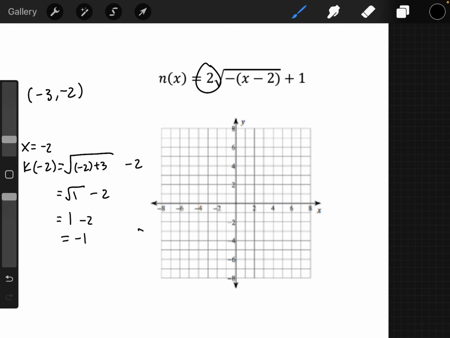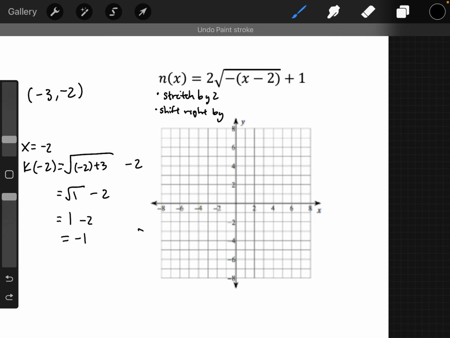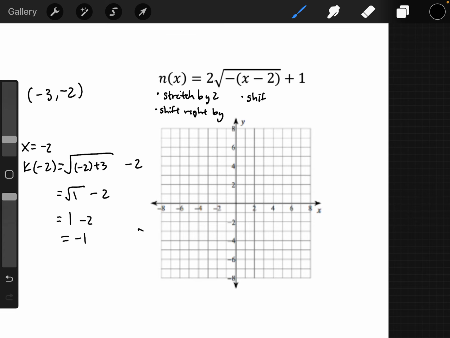So for the transformations of the second example, we see that there's a value of a here with no negative sign, and it's a value greater than 0, so there's a stretch by 2. It'll shift right by 2. It'll shift up by 1.